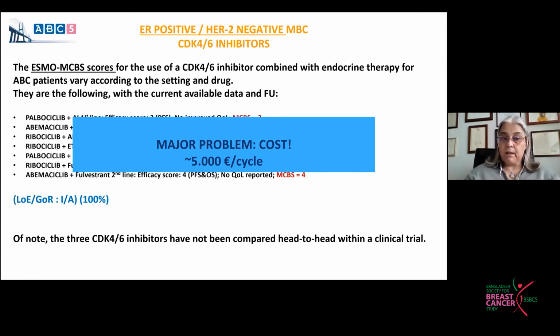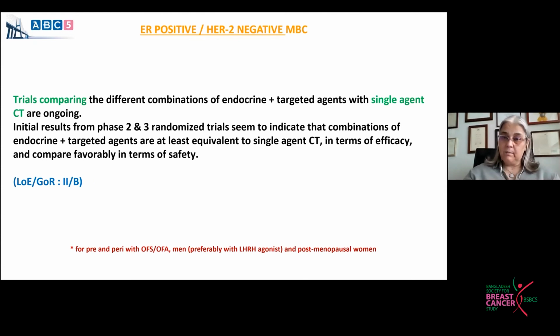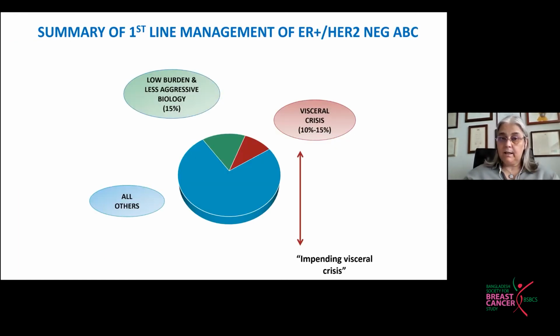How do they compare with chemotherapy? Some trials have already been reported, others are ongoing, and they seem to compare quite well in terms of efficacy and also in terms of toxicity. So coming back to my graphic dividing these patients in 3 main groups, what you can see is that for the visceral crisis, which is only about 15%, chemotherapy should or may be indicated.